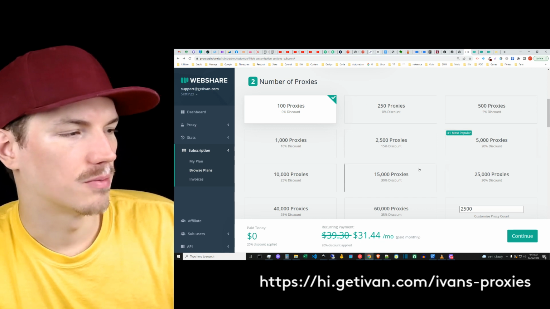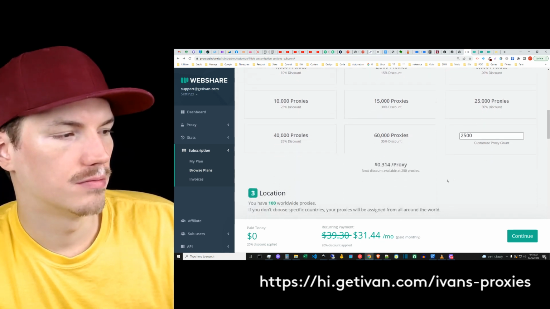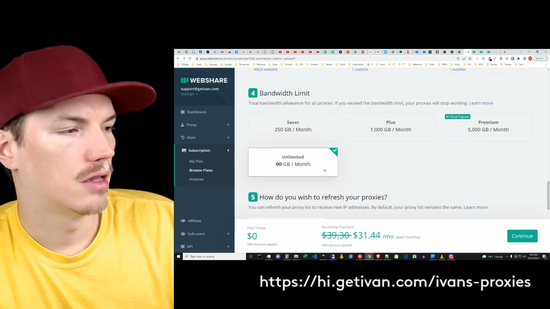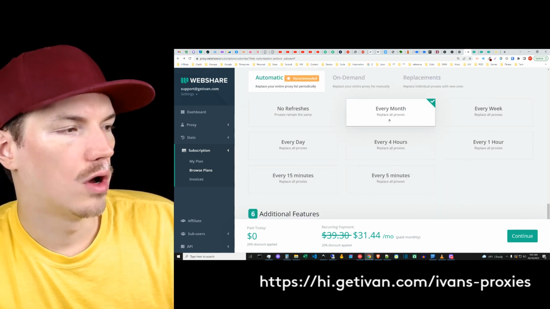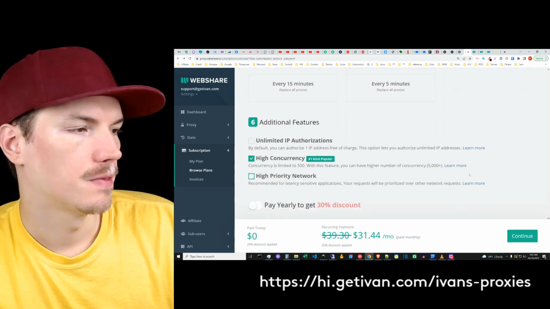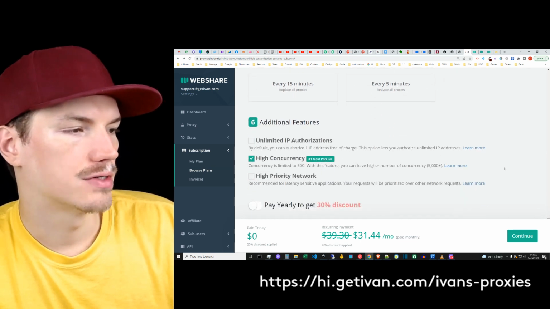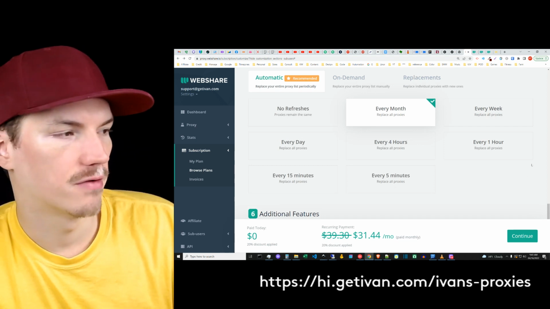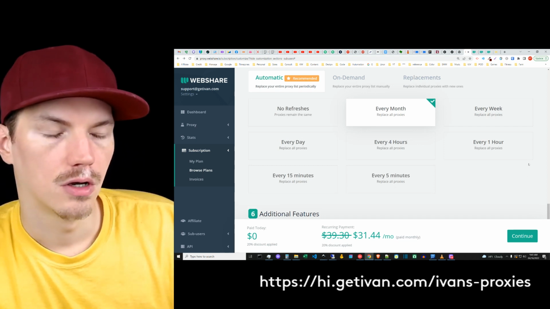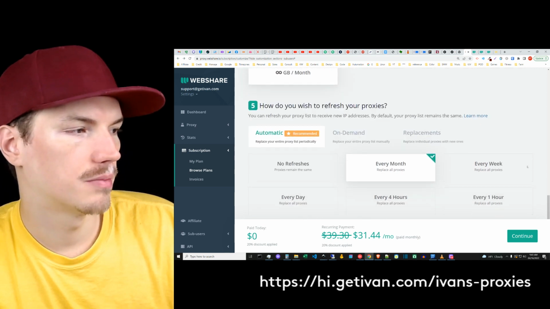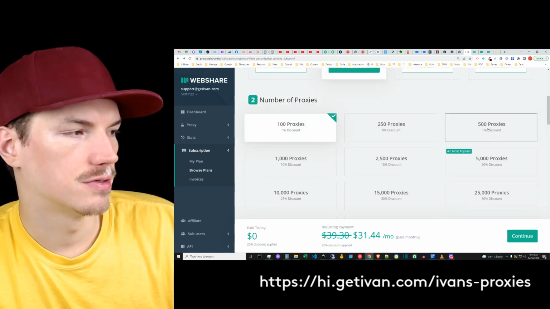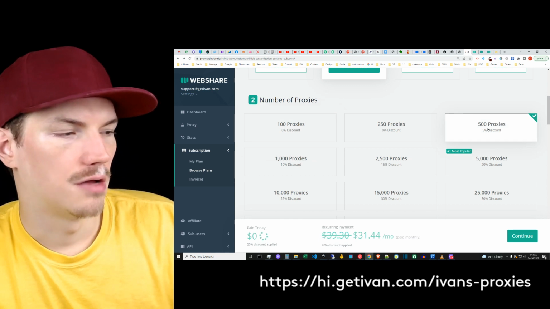For 100 proxies at the low end, including unlimited bandwidth, 1 monthly rotation, and high concurrencies, it's 40 bucks per month. That's about 40 cents per proxy. And if you go up to a higher quantity like 500, it jumps up to about 100 bucks.